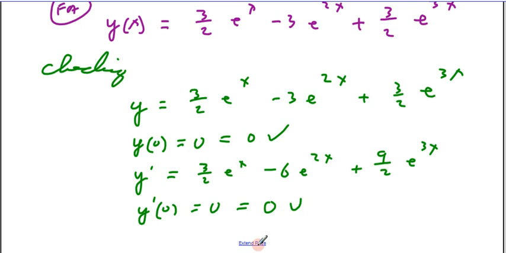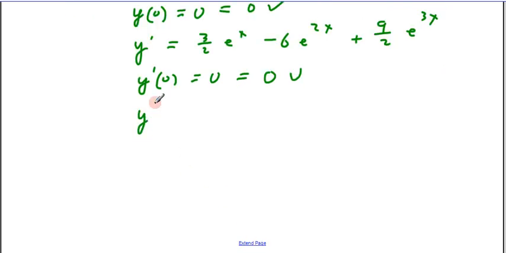Check. Y double prime is 3 over 2 e to the x minus 12 e to the 2x plus 27 over 2 e to the 3x.